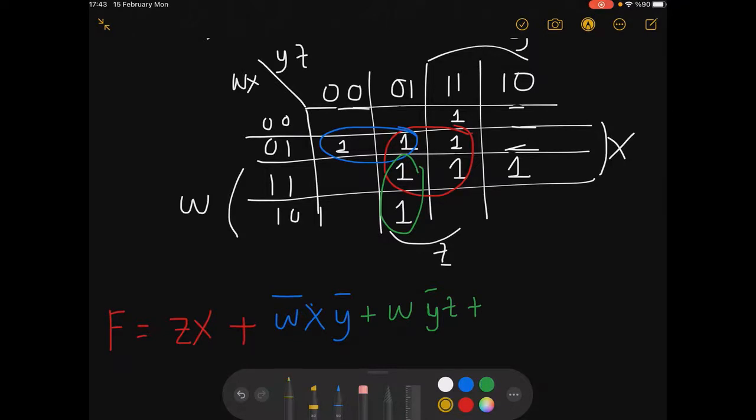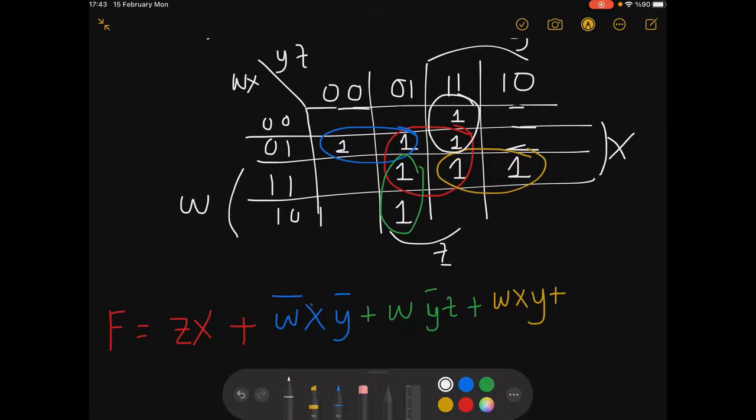Y naught and Z, plus another color. Let's use another color here for combining this one. It should be W X and Y, hopefully. And finally the last one, let's pick it as white, this one, right?